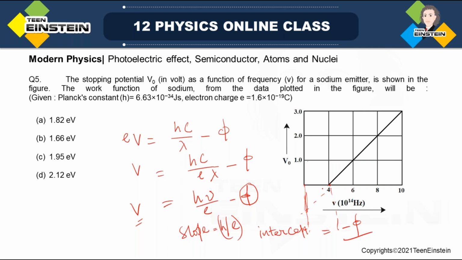You have to find out the intercept here to get the answer. What is the threshold frequency? Here the threshold frequency is this much, around 400.